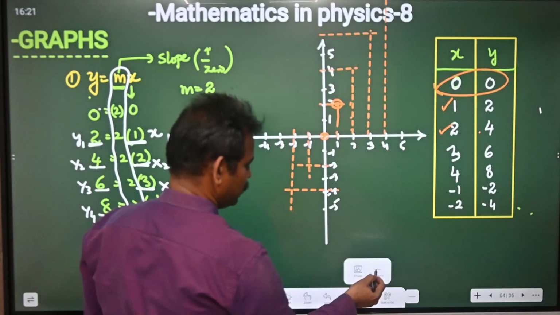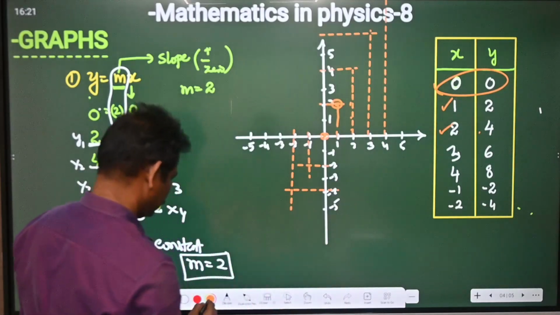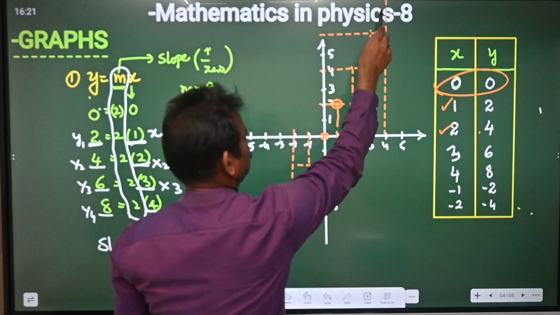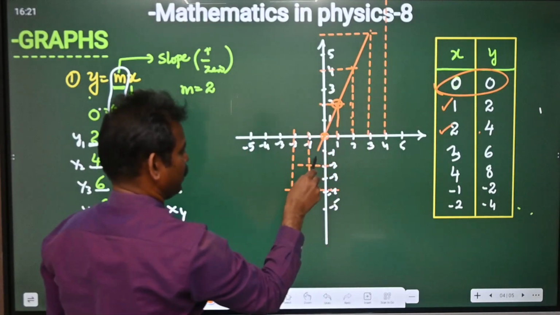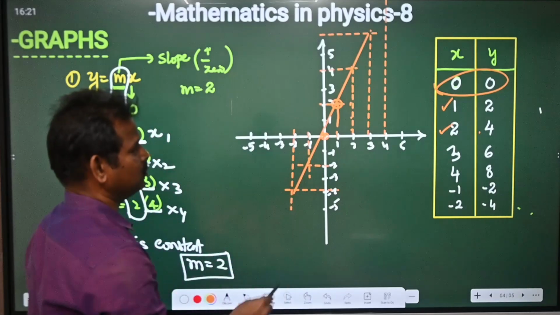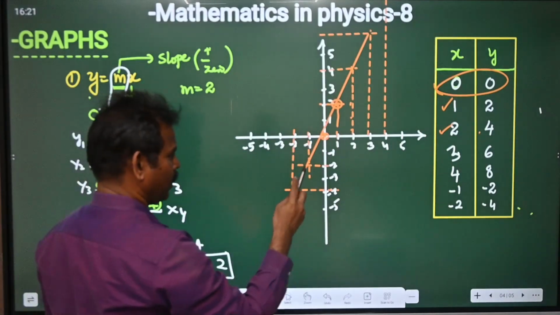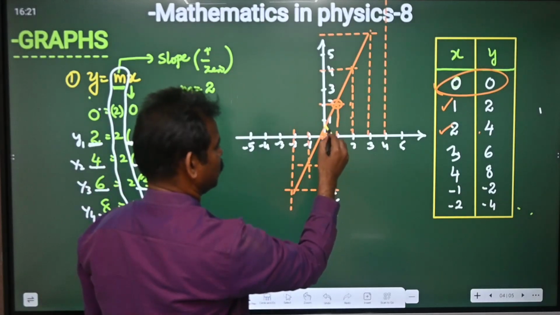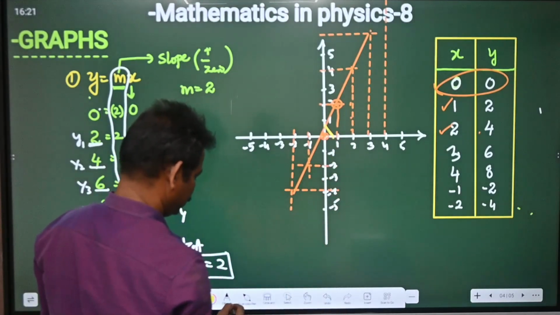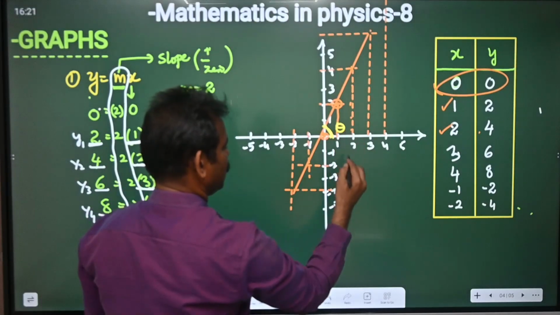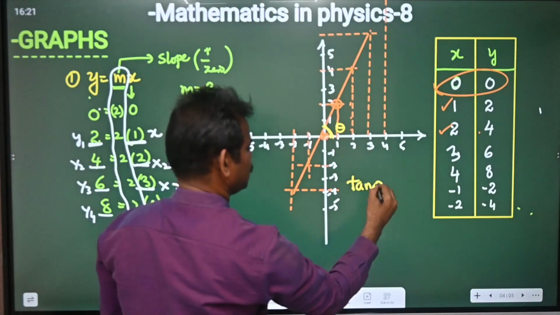Now, if you join these points, finally you will get a line like this. Here it is passing through the origin, and the slope of this graph is given by theta, and tan theta is the slope.